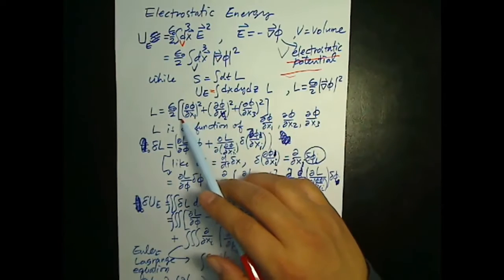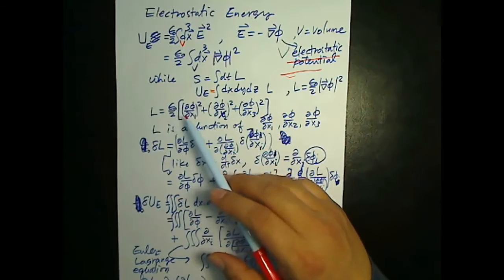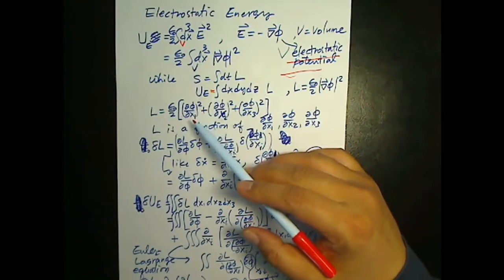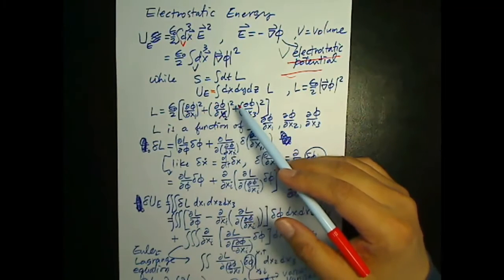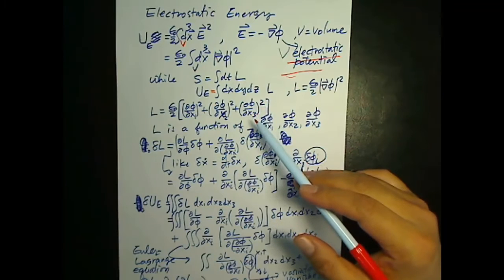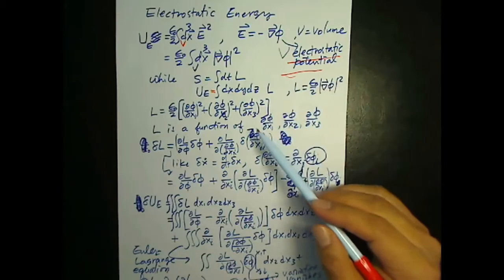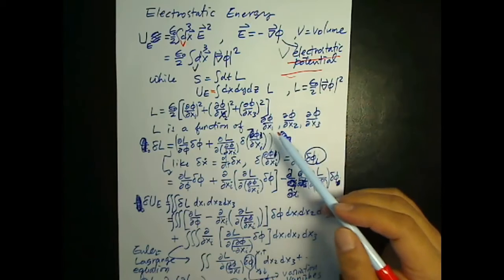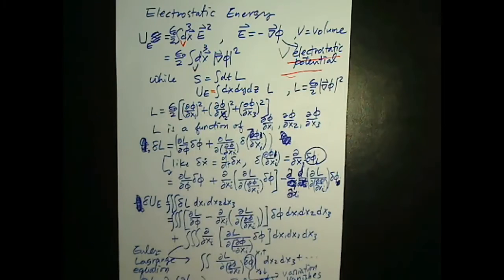So this L is 1/2 epsilon 0 times the gradient squared: the partial of phi over x1 squared, plus partial phi over x2 squared, plus partial phi over x3 squared. This Lagrangian is a function of phi's partial derivatives with respect to x1, x2, and x3.